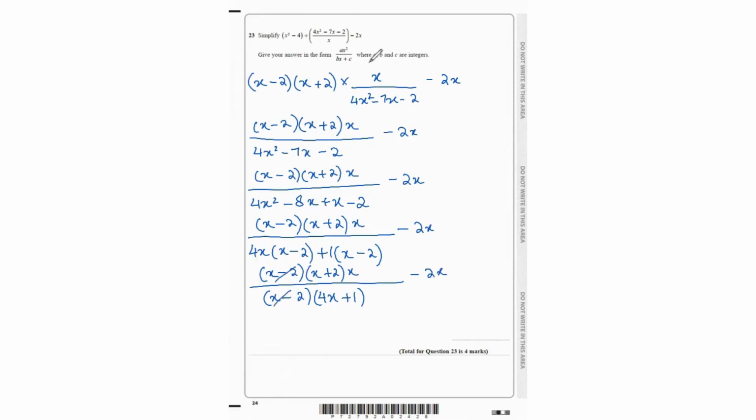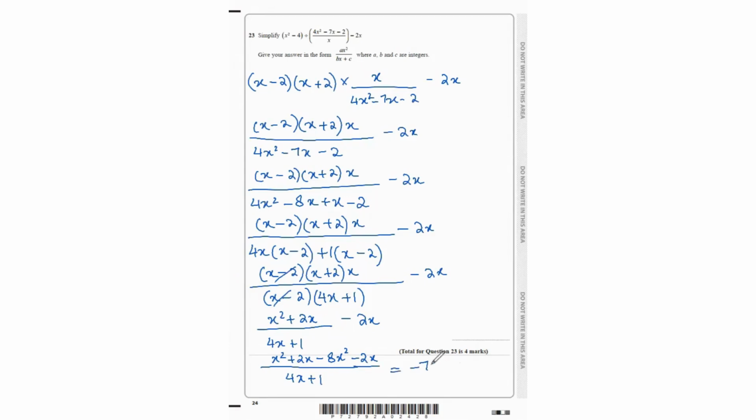So we have to write it as a single fraction as ax squared over bx plus c. So x squared plus 2x over 4x plus 1 minus 2x. X squared plus 2x. 2x times 4x is 8x squared, so minus 8x squared, and then minus 2x over 4x plus 1.